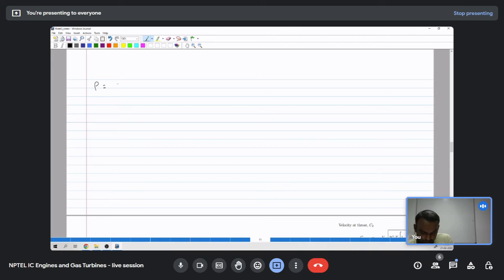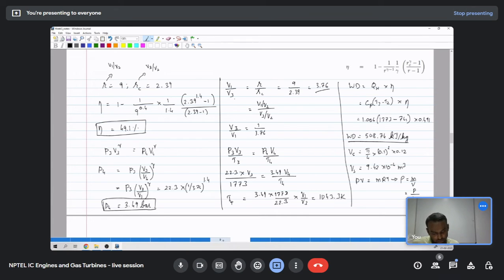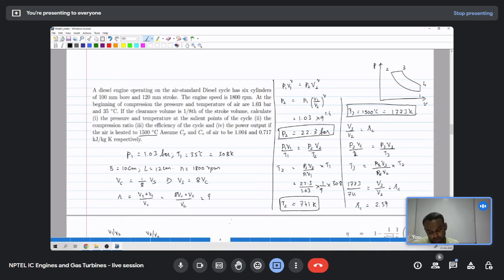So density is P by RT, pressure is given as 1.03 bar, and to convert bar into SI units we have 10 power 5, and R is 287. Initial temperature was given as 308 Kelvin.